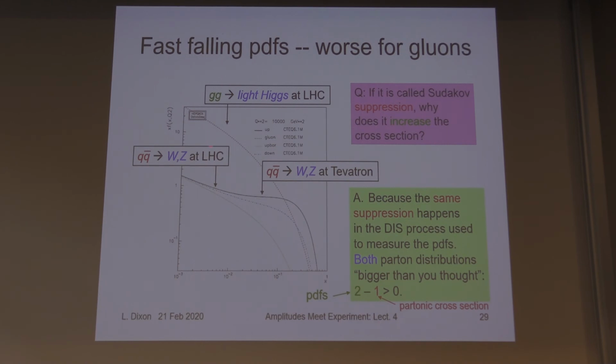And in contrast, when you look at the W and Z at the Tevatron and at the LHC as 2 other examples, you see they're in regions where, well, at least one of the distributions is relatively flat. In the case of the Tevatron, these were both valence distributions, so you're supposed to look at the top 2 contributions here.